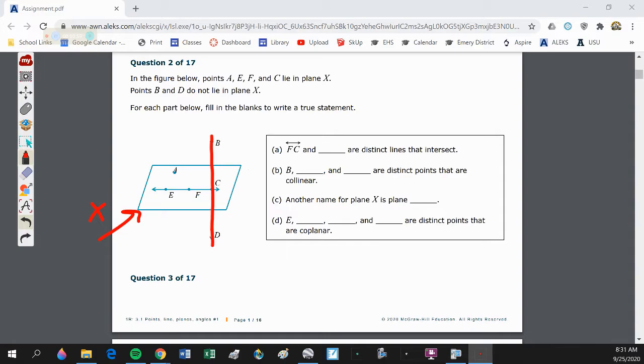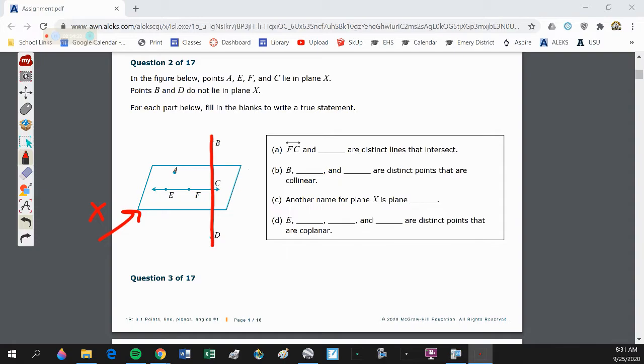If I had dots on the floor, I could get a piece of paper that touched the dots. All of those planes would touch those 2 dots. So in order to define a plane, you need 3 points. So you could say plane AEF or AFC or CFE. Any combination of those 4 points in the plane would work.